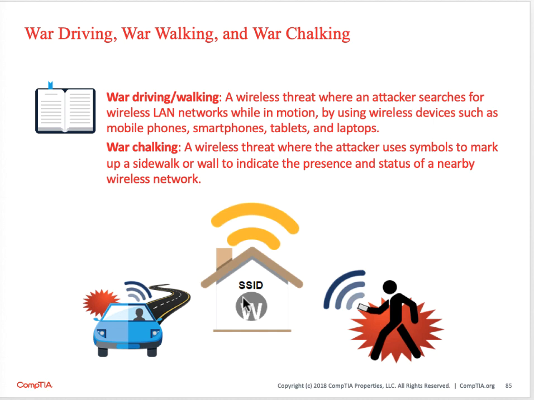Maybe your neighbor, if you don't have a password, maybe they've already got you. Maybe they were war driving, and your network came up as unprotected and now they have free internet based off of you. But a hacker will use these because they're not trying to do this from their own home. They're trying to find an open place that they can conduct their attacks from.